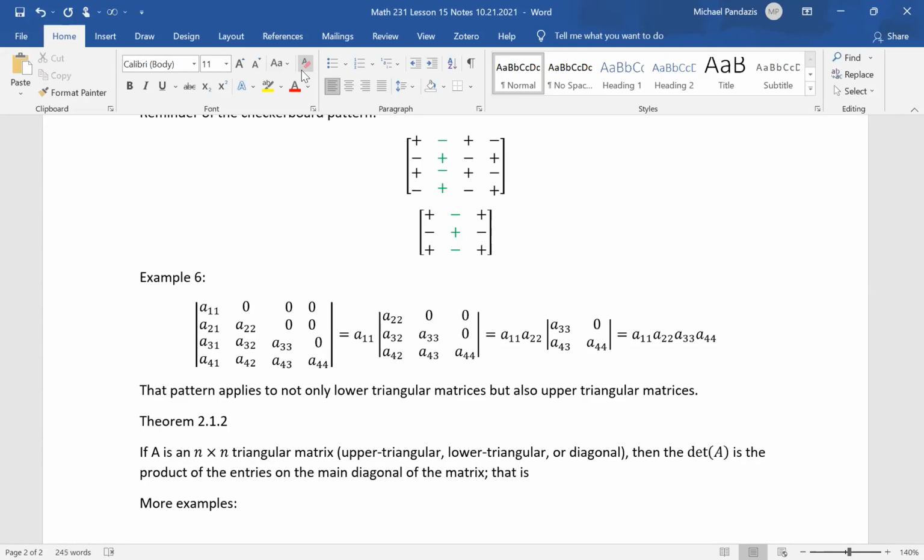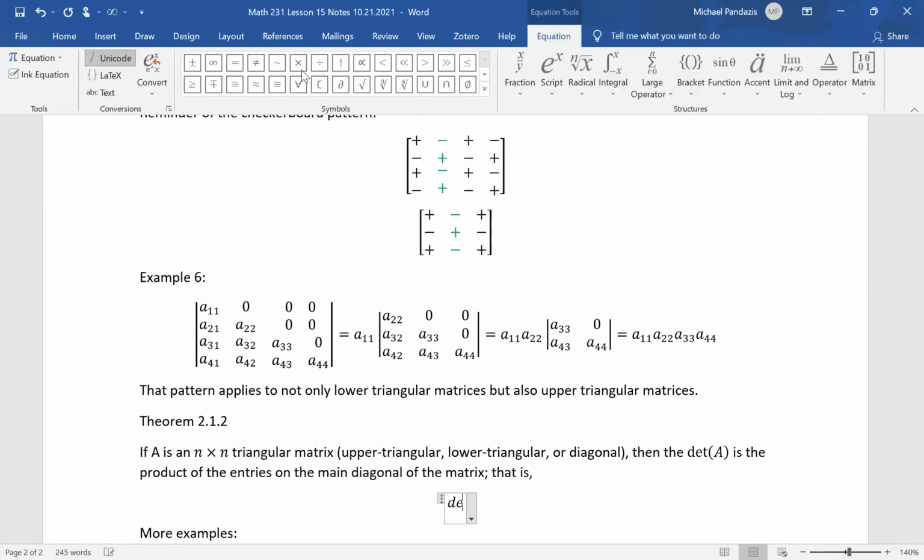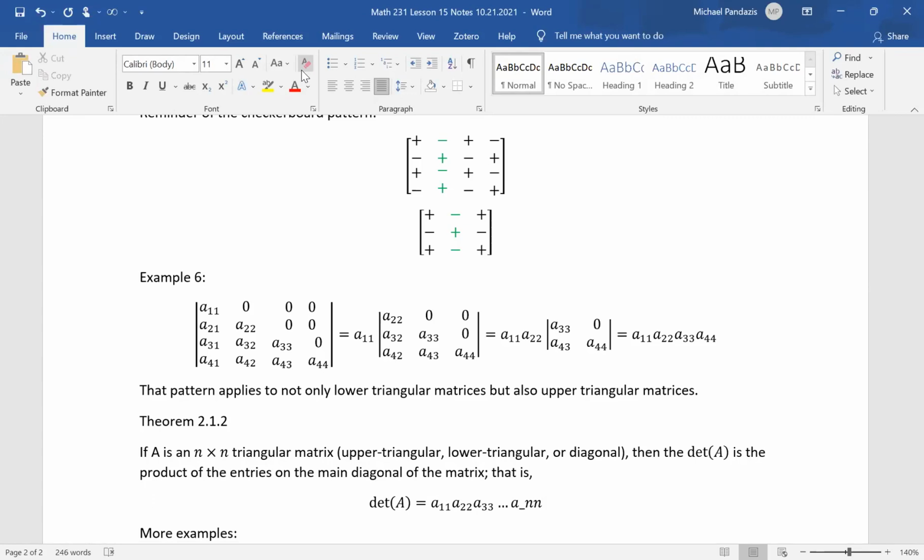That is, the determinant of that matrix A is equal to A11, A22, A33 times dot dot dot times Ann. It's an n by n matrix, so it would stop at Ann.